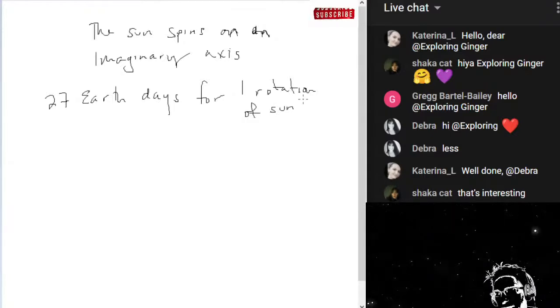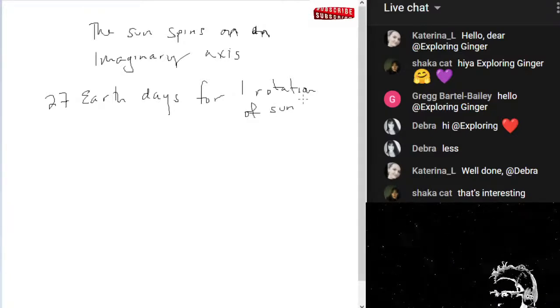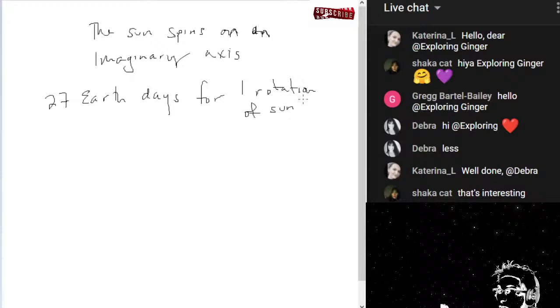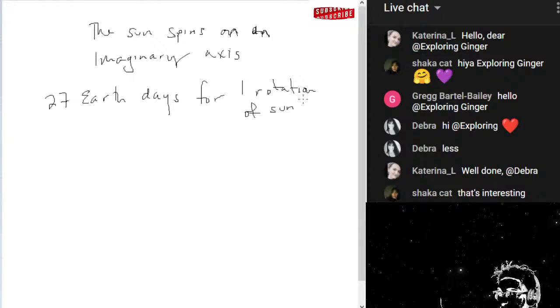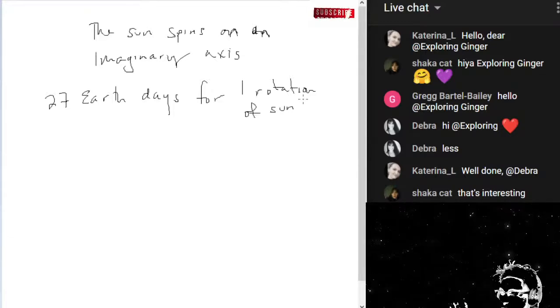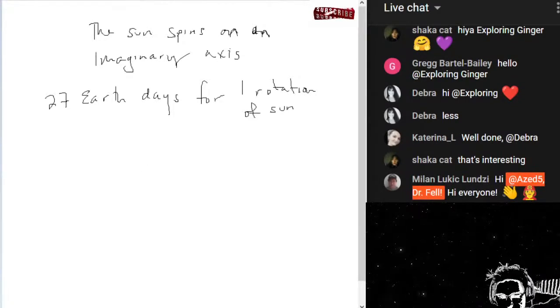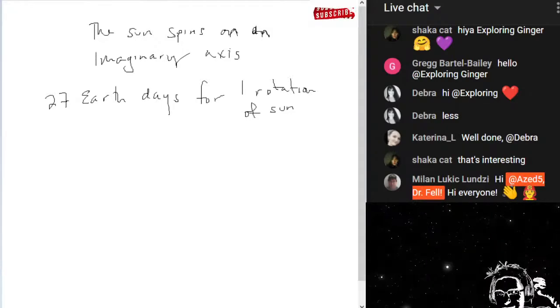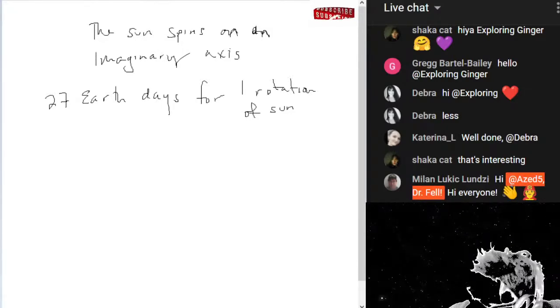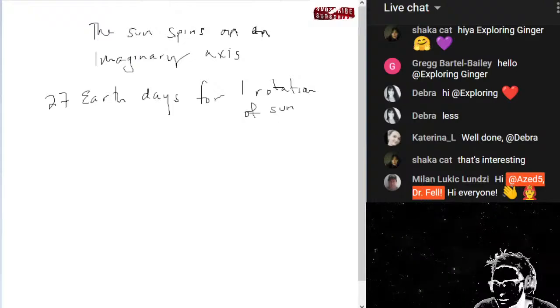So about once a month the sun does a complete rotation. It's pretty slow. We do one complete rotation in 24 hours. So our sun is pretty small, or pretty average, I'd say. Hey, Milan. It's a pretty average star. It's nothing fantastic compared to other stars in the universe.